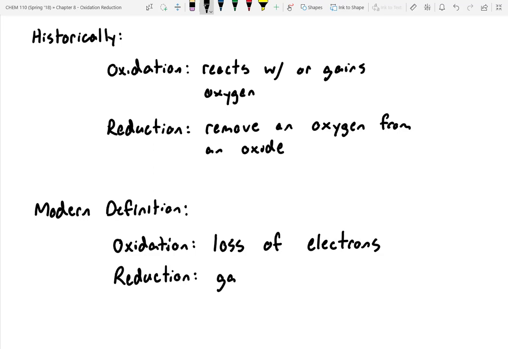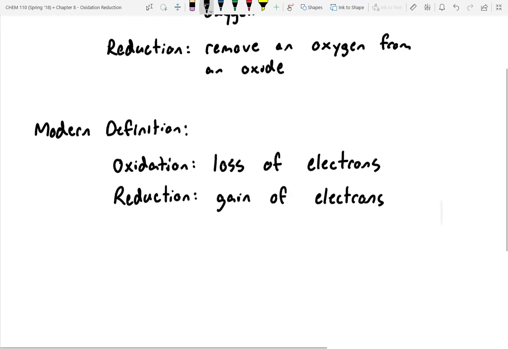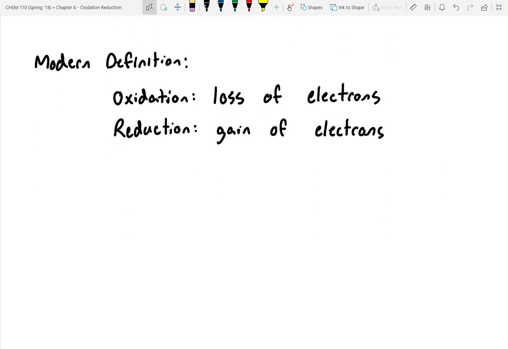It has to do with the gain of electrons. There's a bunch of mnemonics you can use to remember this, but my favorite one is OIL RIG, where oxidation is loss, and then reduction is gain.